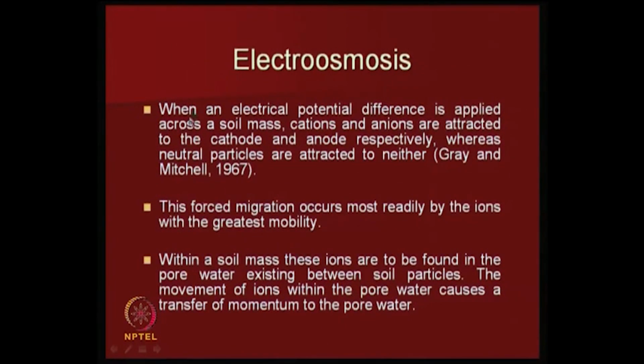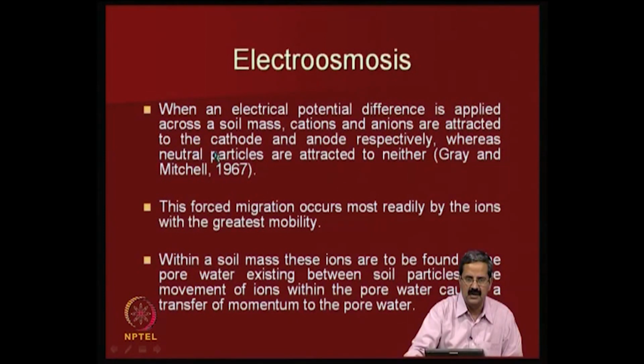So what does it do? When an electrical potential difference is applied across a soil mass, cations and anions are attracted to the cathode and anode respectively, whereas neutral particles are attracted to neither. There is a standard reference by Gray and Mitchell, and this forced migration occurs most readily for the ions with the greatest mobility.